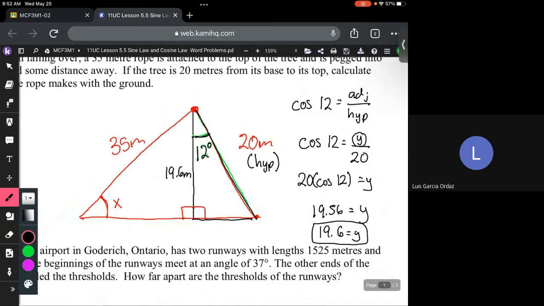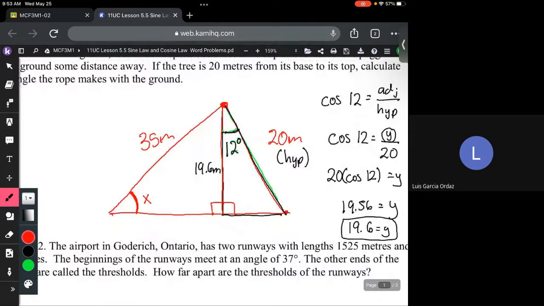So now I need to figure out how to find my angle X. This red triangle over here, I have enough information to find angle X. If I use angle X as a reference, is 19.6 opposite, adjacent, or hypotenuse? Opposite. And what's 35? Hypotenuse.